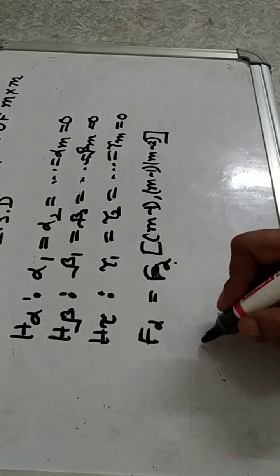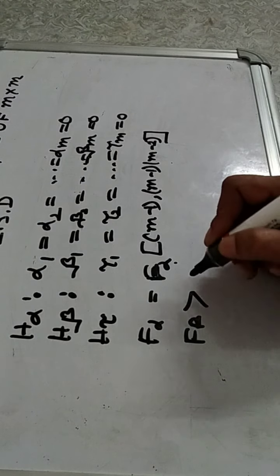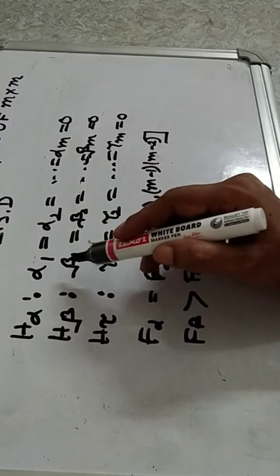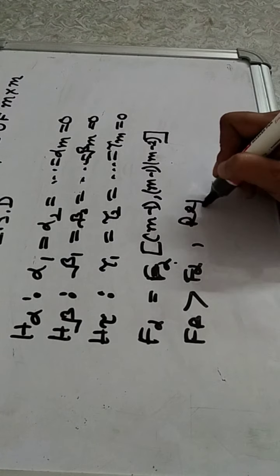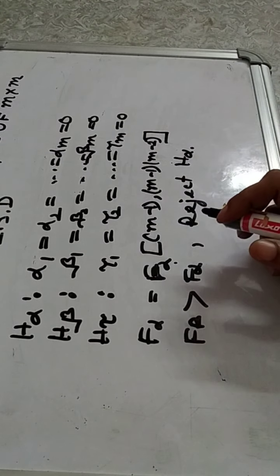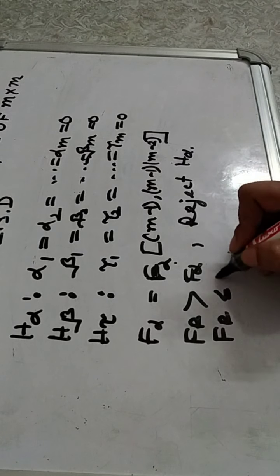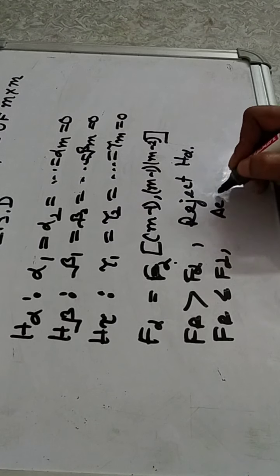Thus, if FR is greater than F alpha, we reject H alpha, and if FR is less than or equal to F alpha, we may accept H alpha.